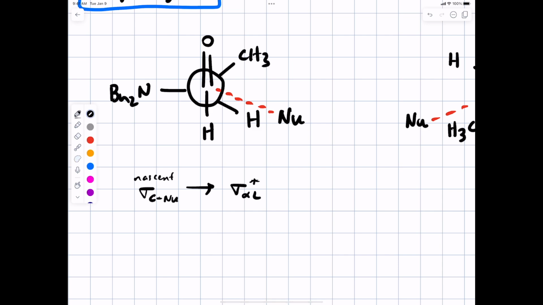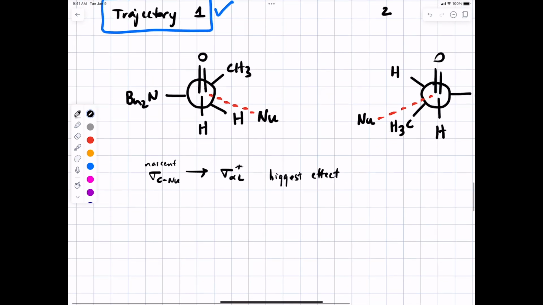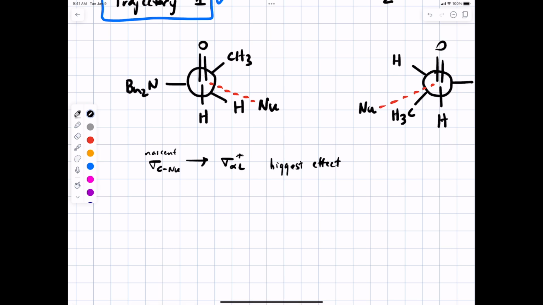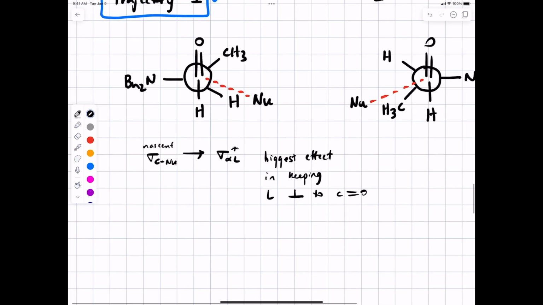The reason why this is probably the biggest effect, and it equally favors both of the conformations, is that it's the biggest effect in keeping the large group perpendicular. That's a sign from geometry that means perpendicular to the carbonyl. Is probably this kind of hyperconjugation.